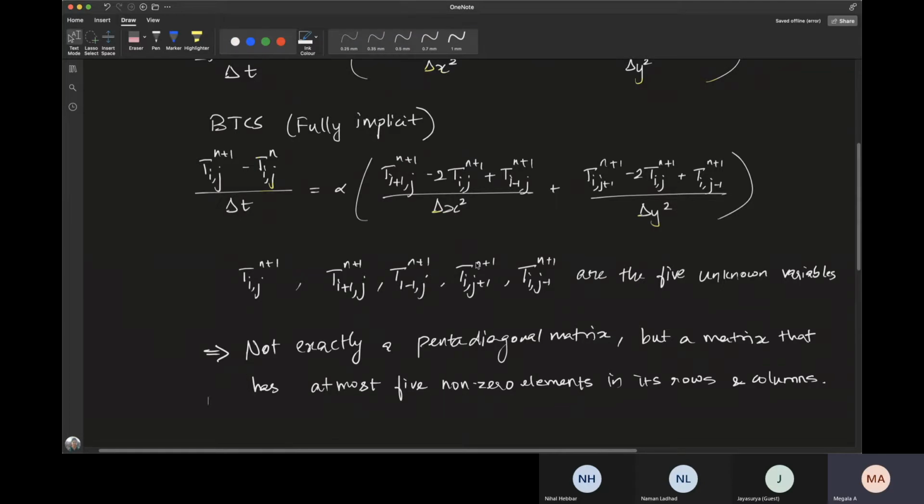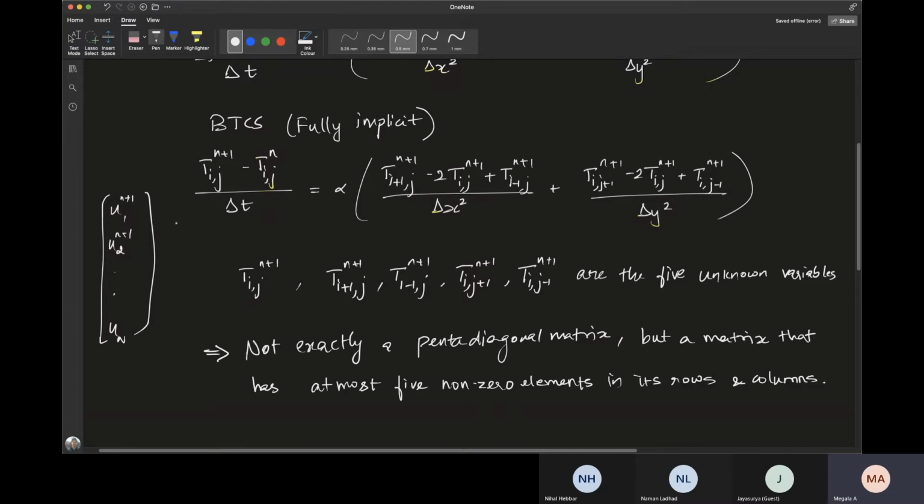Since it was just 1D, we could arrange the unknown vector as u1, u2, up to un, all at n plus 1. So we were able to arrange the unknown vector in this way, and hence our matrix turned out to be a neat tridiagonal matrix.